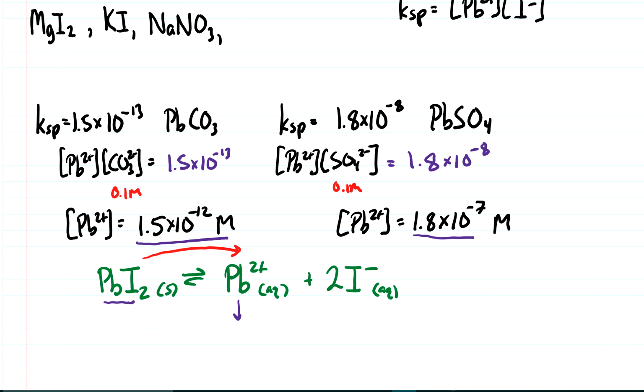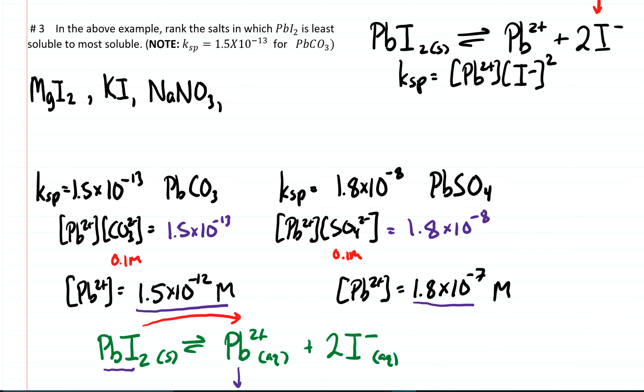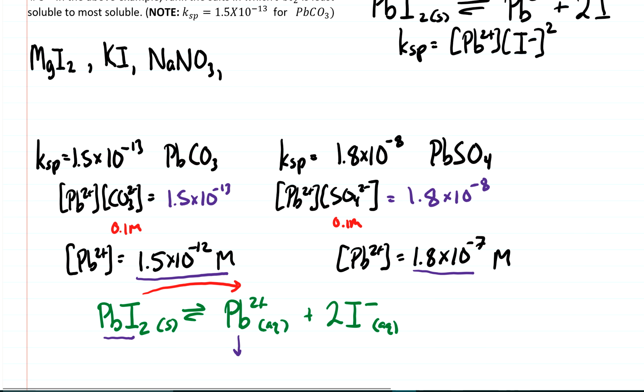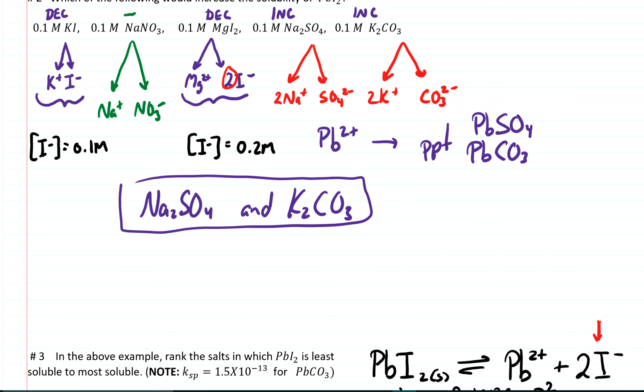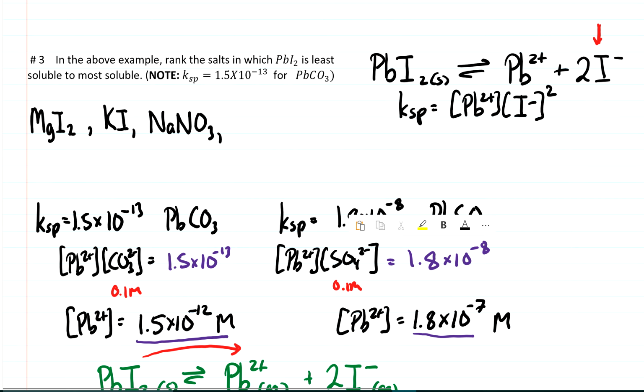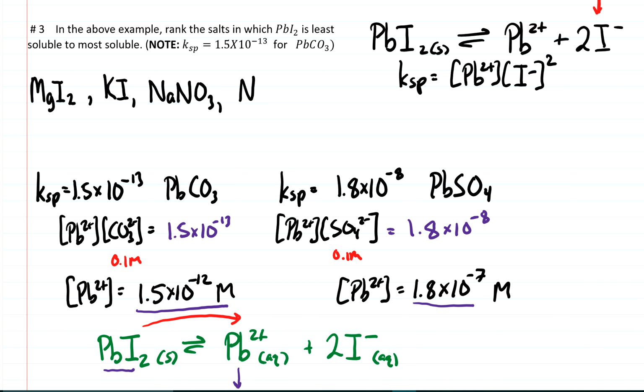So if we're moving from least soluble to most soluble, then the solution containing the sulfates would come next. Sulfate is the sodium sulfate. Sodium sulfate.